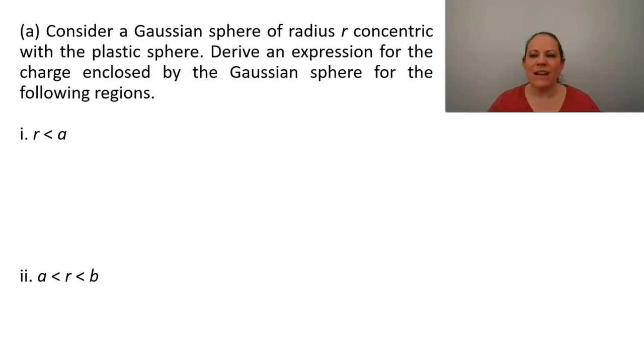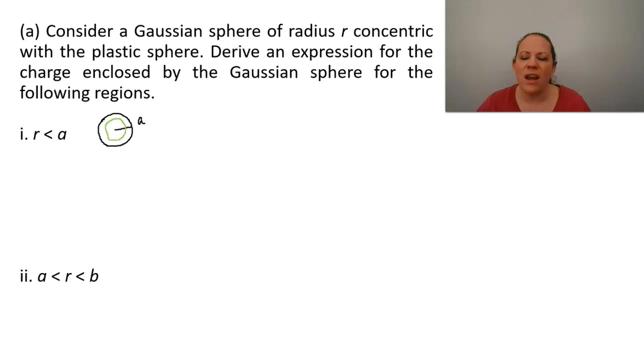Part A. Consider a Gaussian sphere of radius r concentric with the plastic sphere. Derive an expression for the charge enclosed by the Gaussian sphere for the following regions. So for r less than a in part 1 here, here's our inner part of radius A, and we are talking about a Gaussian sphere that is somewhere inside.